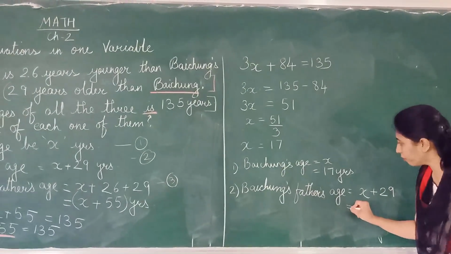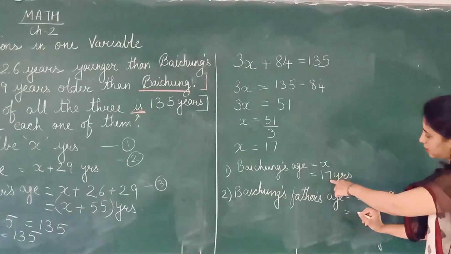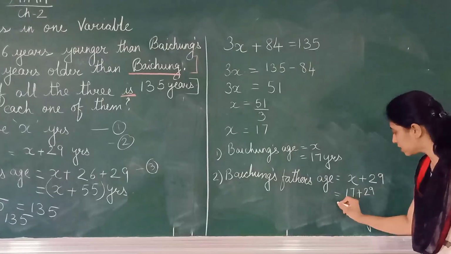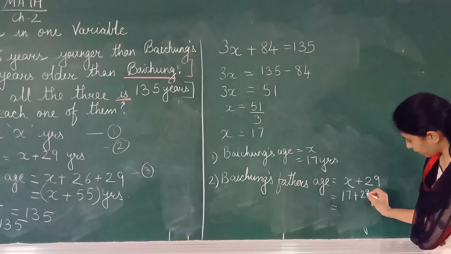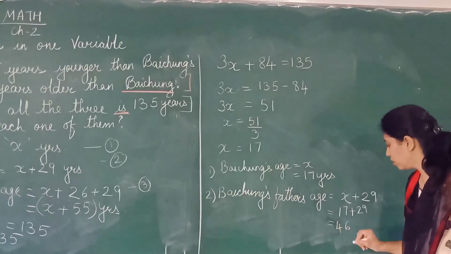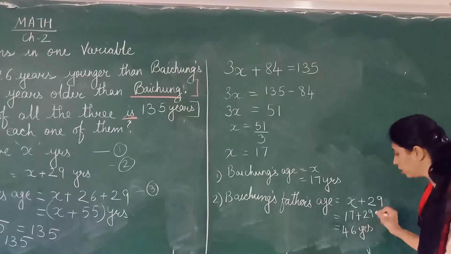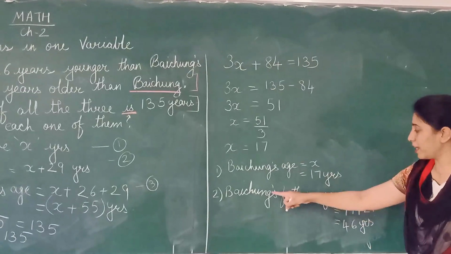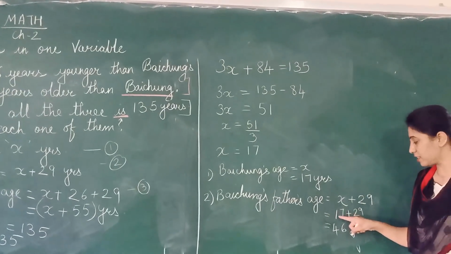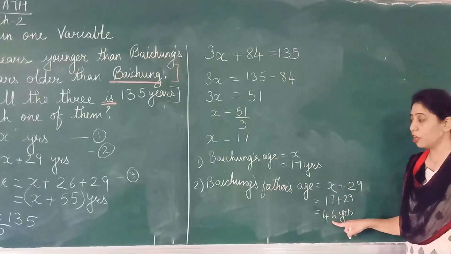So what is the value of x? Value of x is 17. So 17 plus 29, what will be your answer? It will be 7 plus 9 is 16, and 1 plus 2 plus 1 is 4, so 46. So 46 years. Okay. So Baijan's father's age is x plus 29. Only you have to substitute the value of x as 17. 17 plus 29 is 46.